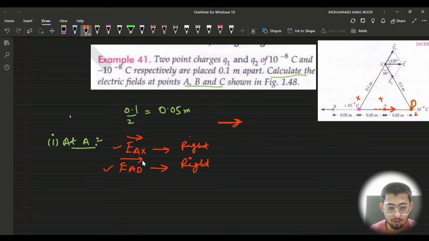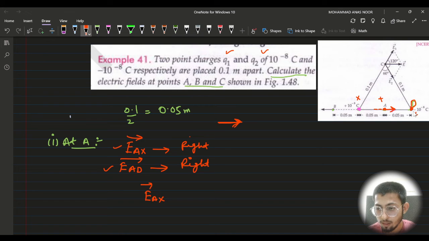But first we should find this, no? So what would be EAX? Will there be any electric field other than due to X and D at this point? No, because there are only two charges, right? So we have covered both of them.